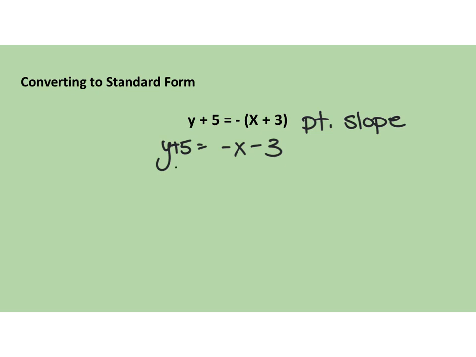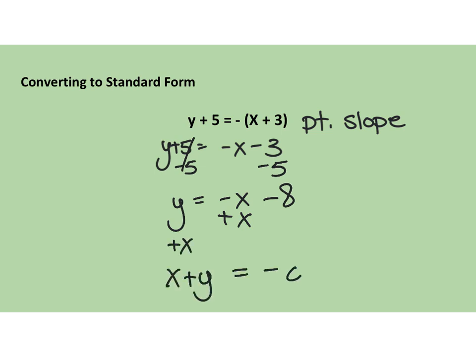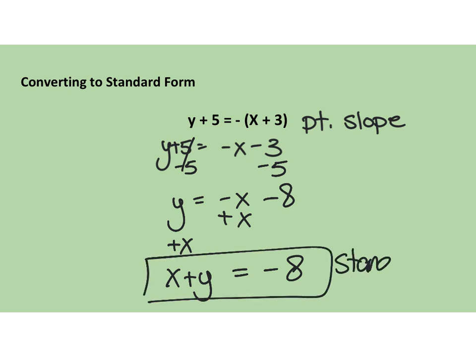I'm going to start by moving that 5 over. So y equals -x minus 8. I'm going to add x on both sides. So now I have x plus y equals -8. Now we have standard form. Again, that's the ax plus by equals c.